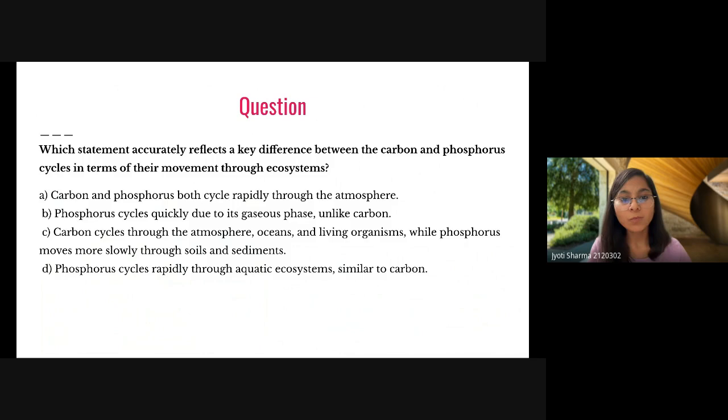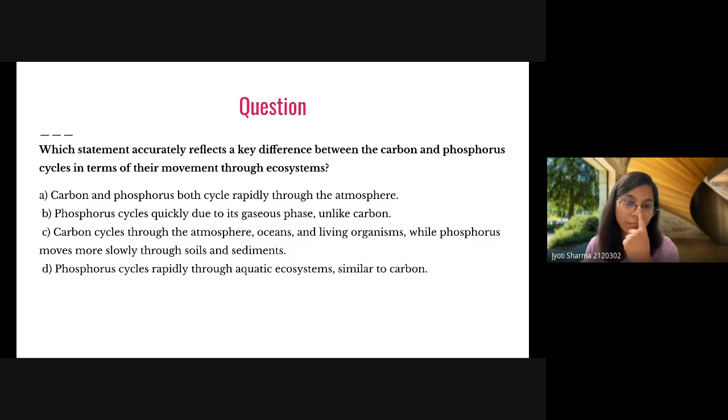A: Carbon and phosphorus both cycle rapidly through the atmosphere. B: Phosphorus cycles quickly due to its gaseous phase, unlike carbon. C: Carbon cycles through the atmosphere, ocean, and living organisms, while phosphorus moves more slowly through soil and sediments.